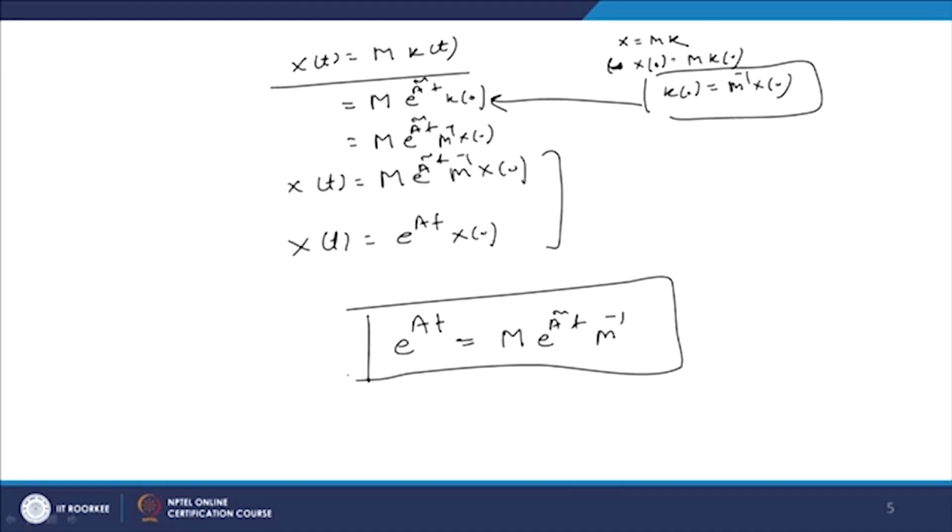So this is the method of getting the state transition matrix e raised to A t, and this e raised to A bar t can be written as diagonal of e raised to lambda 1 t, e raised to lambda 2 t and e raised to lambda 3 t, and then M inverse.